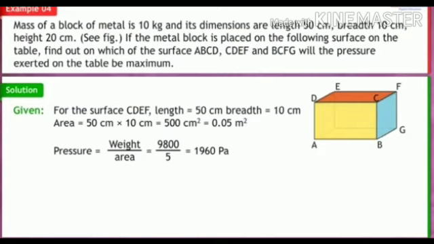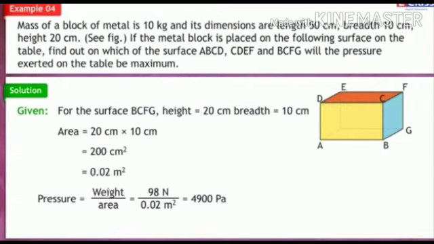Now substitute the value. Here weight is 98 Newton. Area is 0.05 meter square. For calculation, multiply by 100 in the numerator and denominator. We will get 9800 upon 5. After cancellation, we get 1960, that is 1960 Pascal.